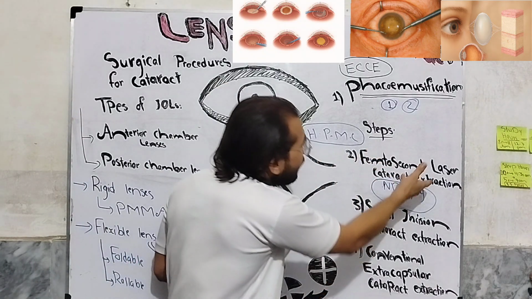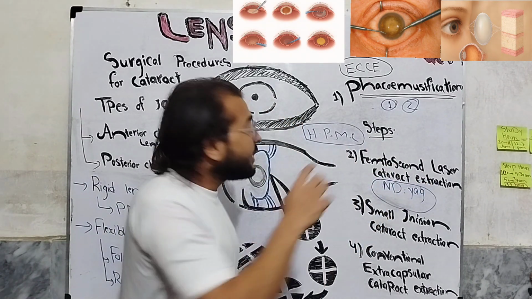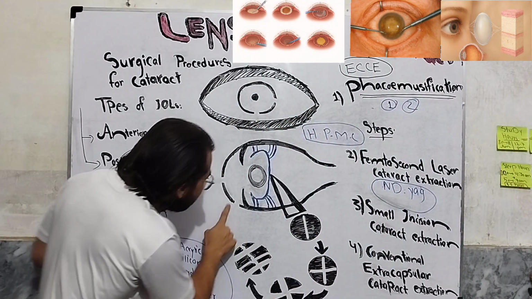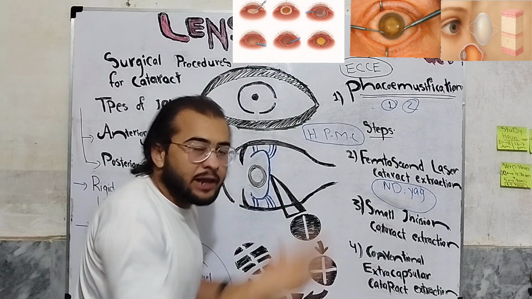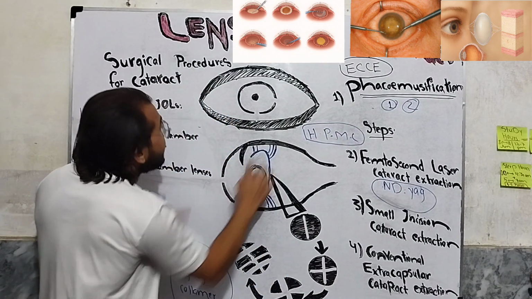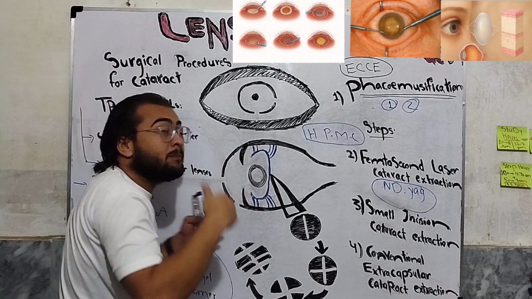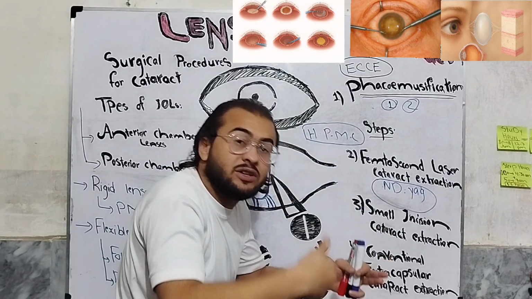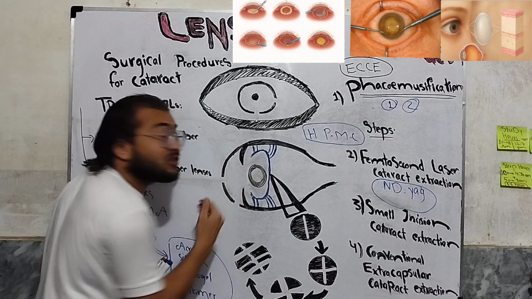And what are the advantages? The advantage of FSL over phacoemulsification is that the incisions will be very accurate: the corneal incision, and the capsular bag incision in terms of its circularity and its margin.